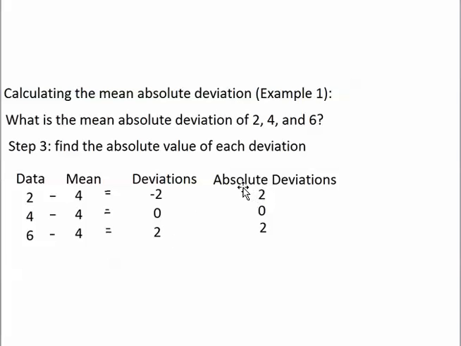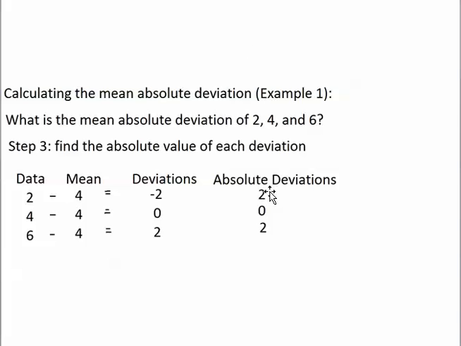Just like how each data value has a deviation, each data value also has an absolute deviation. The absolute deviation shows how far the data value is from the mean. But the absolute deviation has to be a positive number. So the absolute deviation doesn't show whether the data value is below or above the mean.